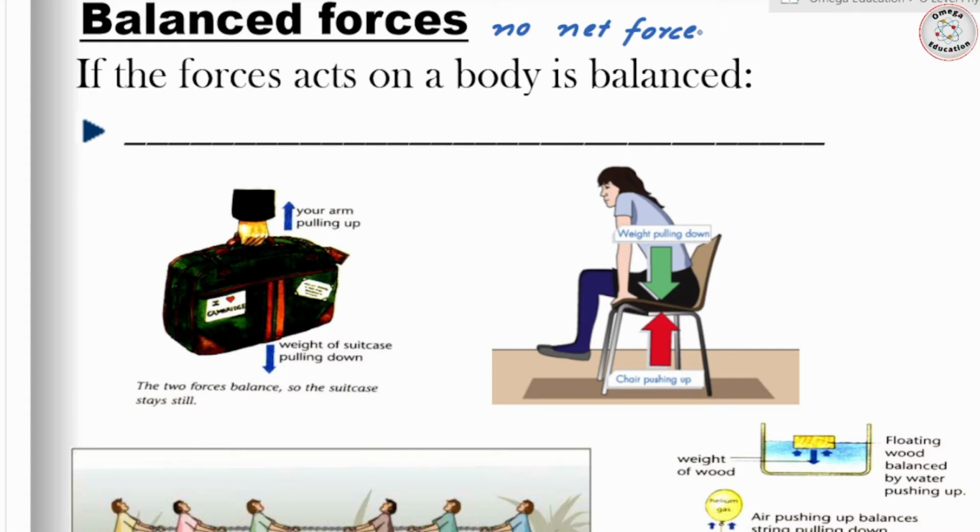Generally, the students think if the forces are balanced, the object would be at rest. No, it can exist in two possible states. One of them is the object might be at rest.